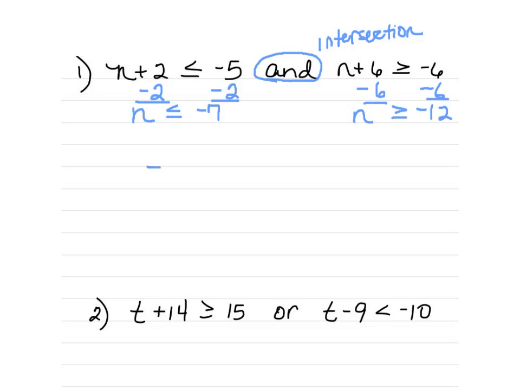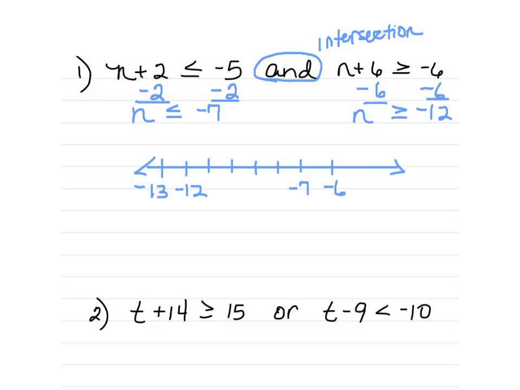The way that I like to do this is to first just lay down some numbers. I have negative 13, negative 12, which are important numbers, negative 11, negative 10, negative 9, negative 8, negative 7, negative 6. So we have the basic numbers that we're dealing with here. n is everything greater than or equal to negative 12, so I'm going to have a closed circle on negative 12.